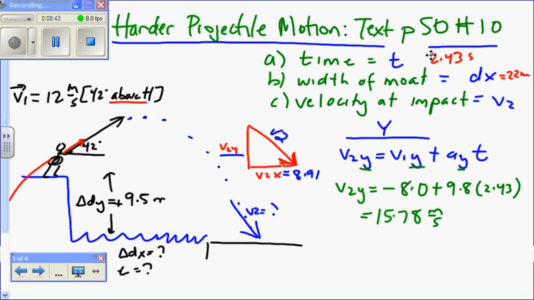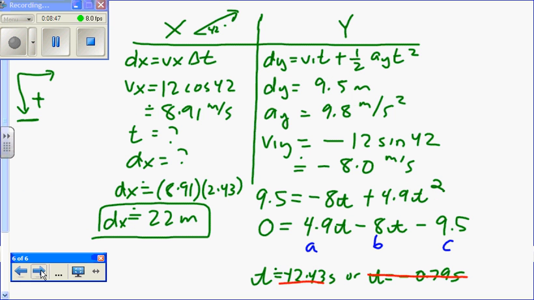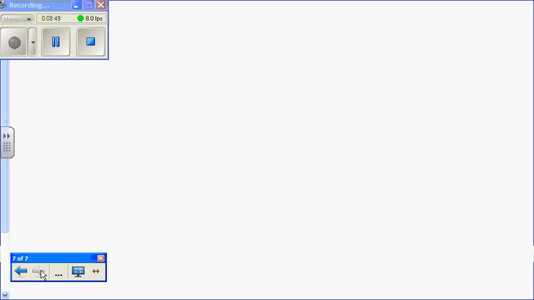So with 15.78 meters per second, we can now solve for our overall V2. So what we've got here, 15.78 in that direction, we've got 8.91 in that direction, and here's our V2.